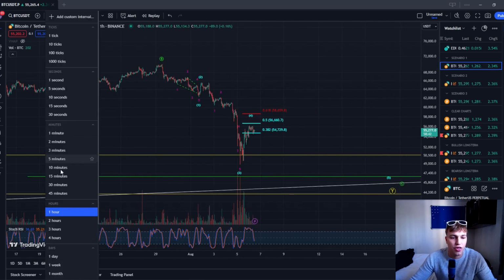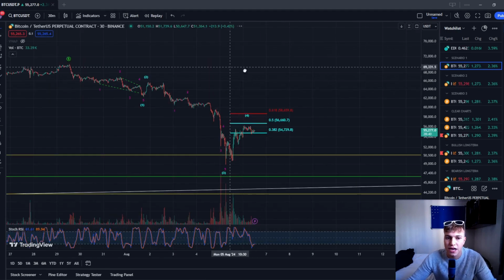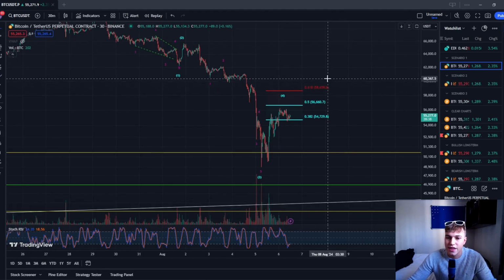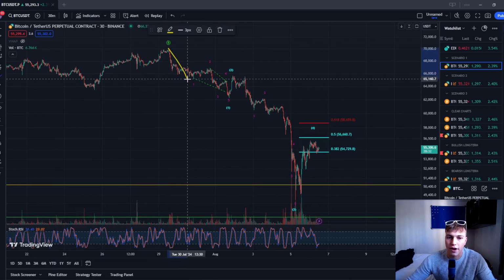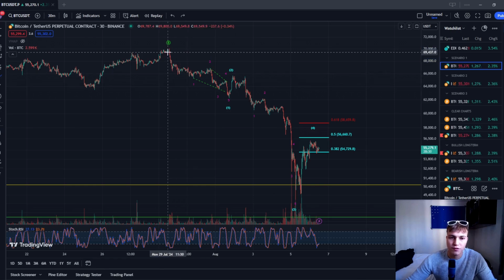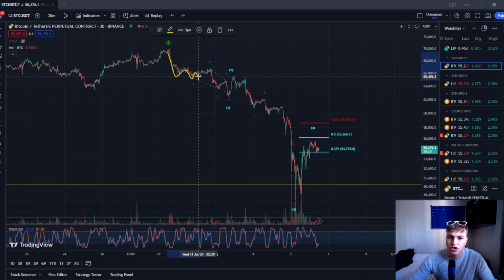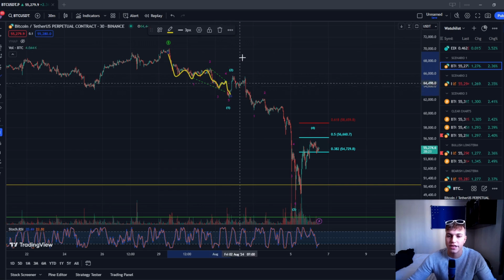We can actually go to the 30-minute to see clearer. Now, this is the move in the C wave so far. We have a leading contracting diagonal in wave 1, in three-wave moves in each structure, as you can see here. Everything here is three waves.